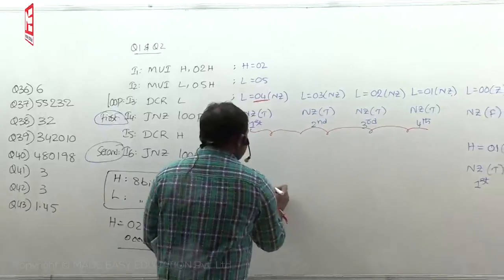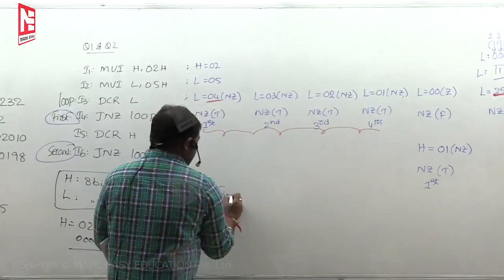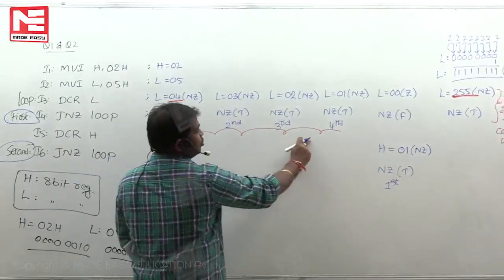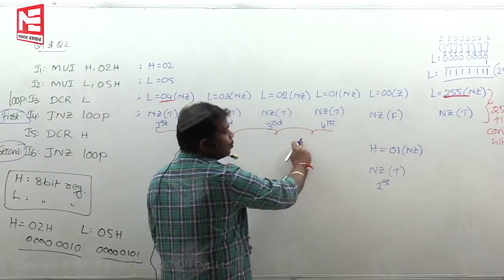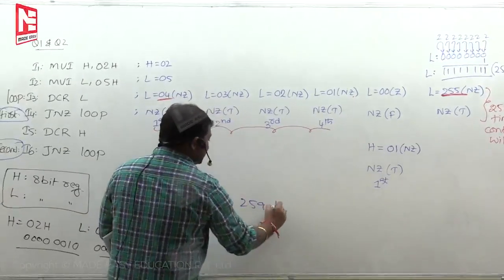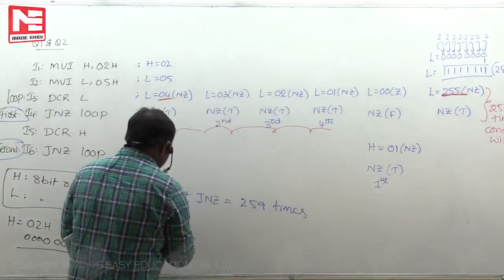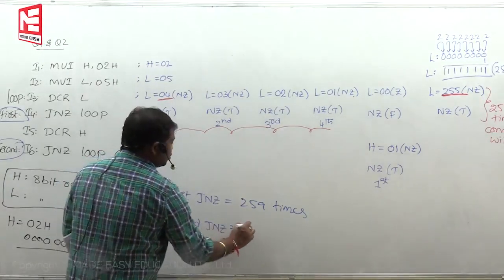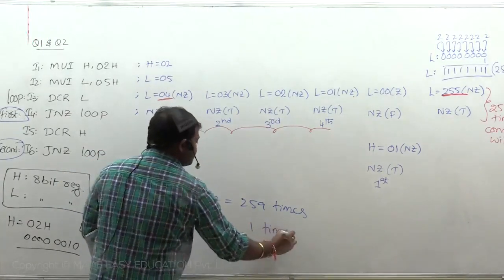The first JNZ transfers the control to the loop 4 times plus 255, total 259 times. The second JNZ transfers the control only one time.